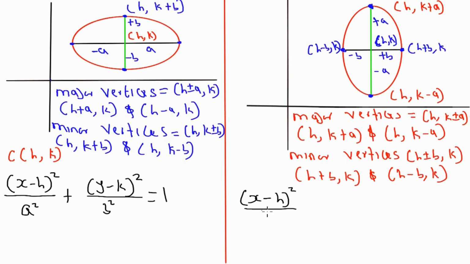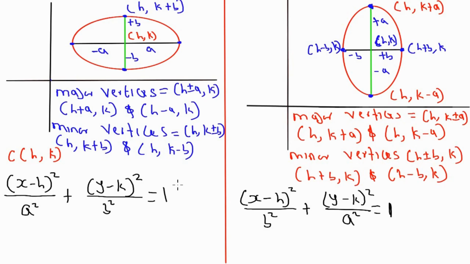Now remember, we're having the longest magnitude along the y-axis, so that will be divided by b squared plus y minus k all squared divided by a squared equals 1. So that is the equation of the two ellipses.